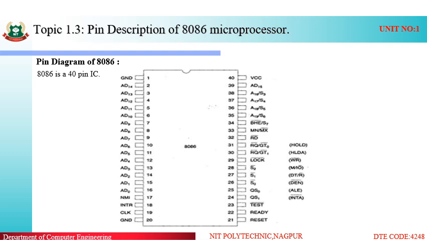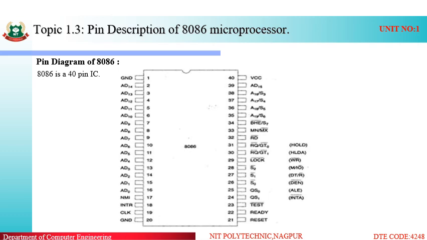Because 8086 is a microprocessor, it is a processor which will perform all the processing related actions. It is the brain of the computer system. So in order to make our processor much more efficient, we have to place a minimum number of pins on it.